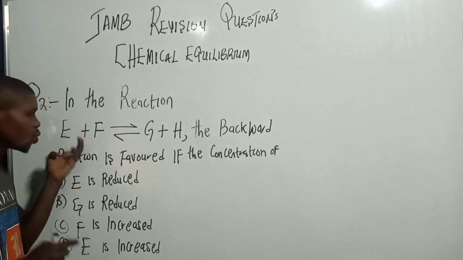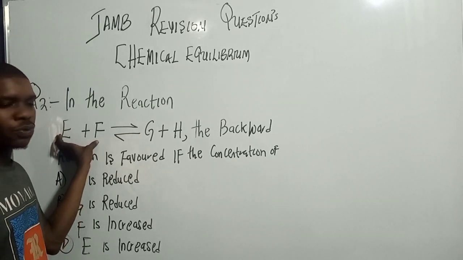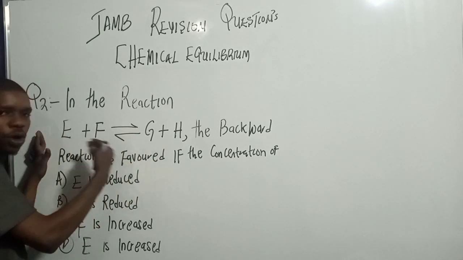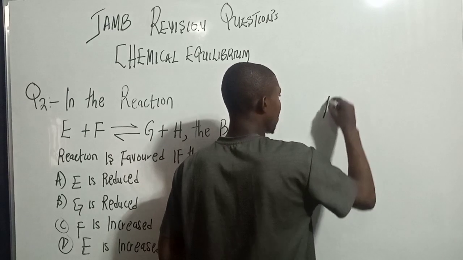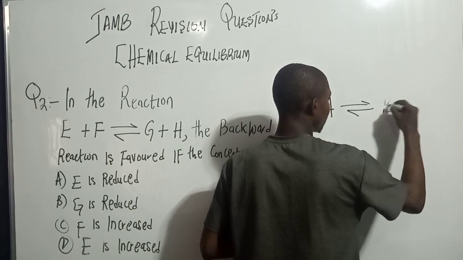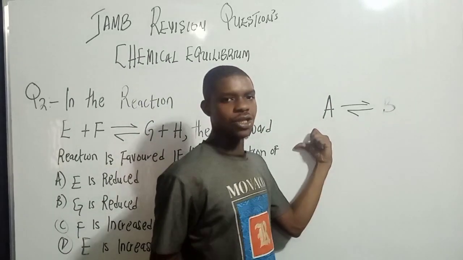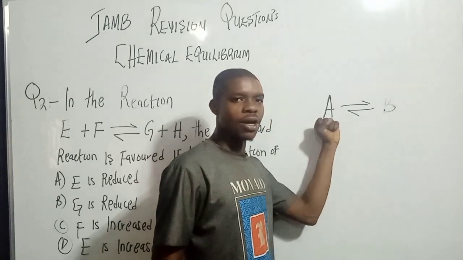Backward reaction means the reactants. So what will you do for this reaction to favor the backward reaction? There are only two ways. For example, here we have A gives you B. Now, how will this one favor the backward reaction? There are only two ways here. You decrease the concentration of the reactants.